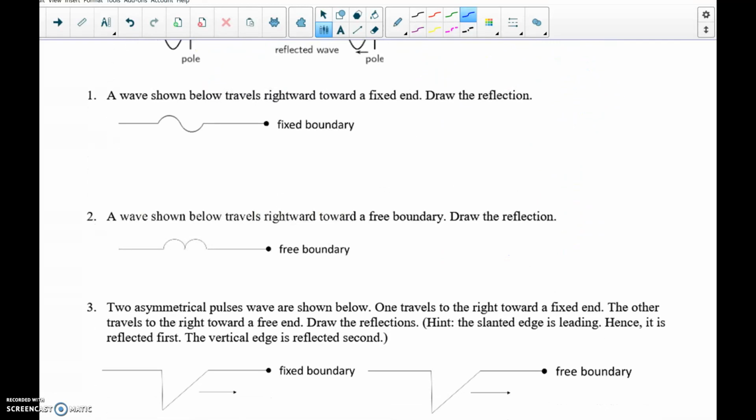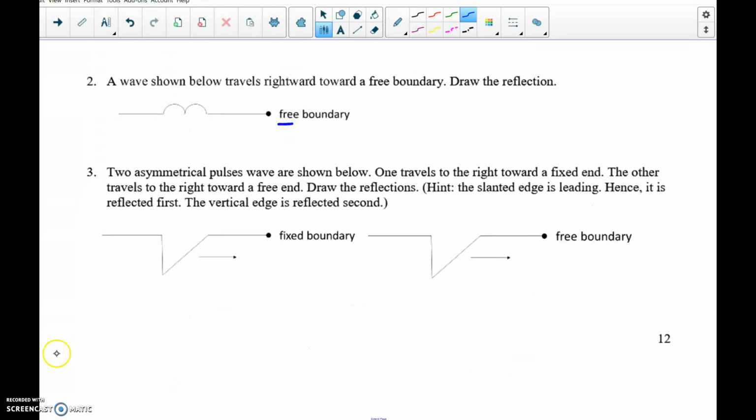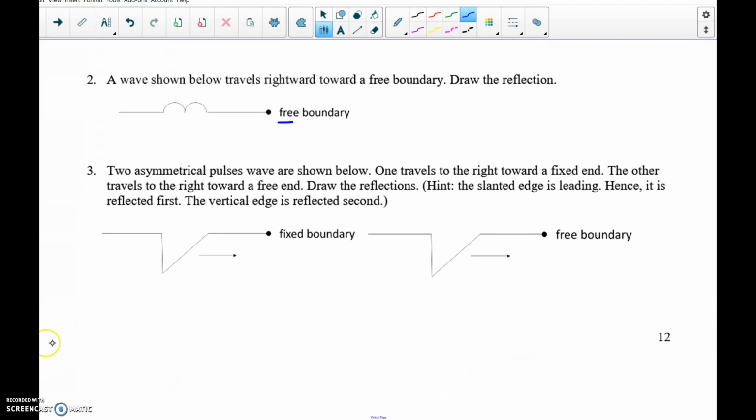So try these examples. Take note of whether the boundary is fixed or free. And on number 3, I want to give you another example and give you a hint. Let's say we have a wave that looks like this. And that wave is traveling to the right, and it's approaching a fixed end, perhaps.